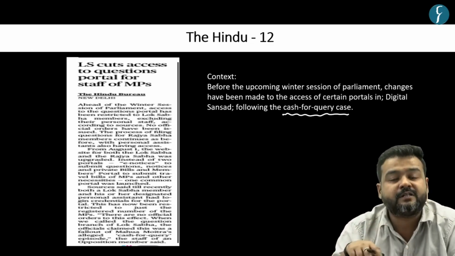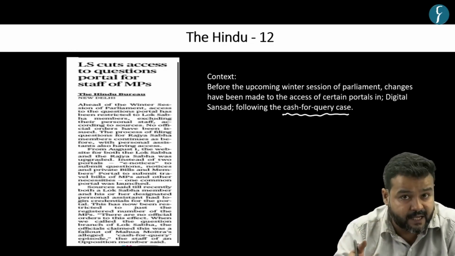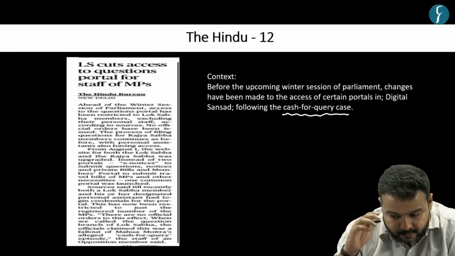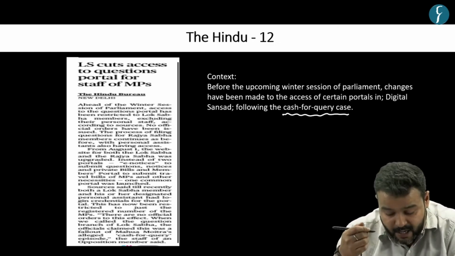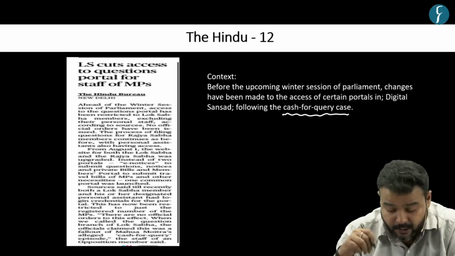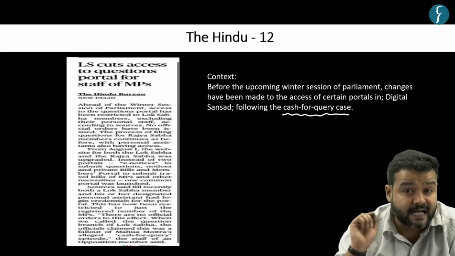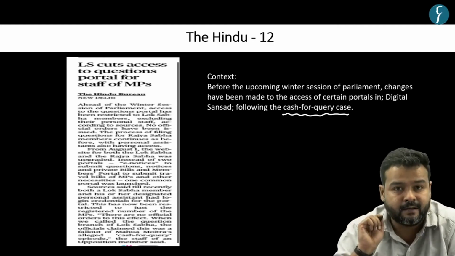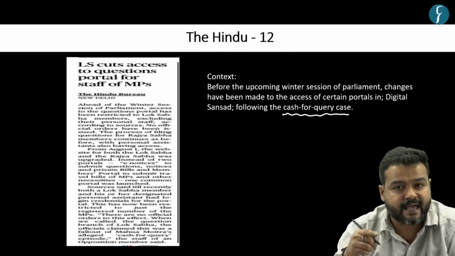Now, in light of this development, and as the winter session is coming up, parliament has made certain changes in relation to access of certain portals, and Sansad portal is one of them. Sansad is the Hindi word for member of parliament, that is MP.